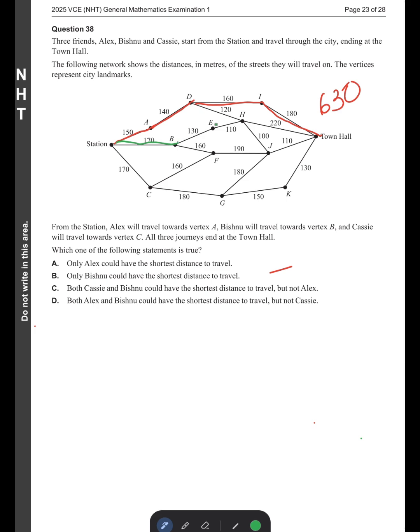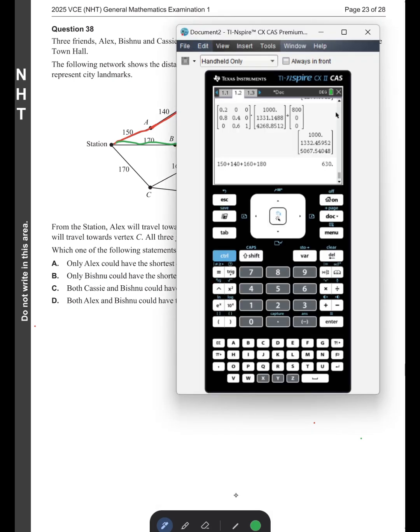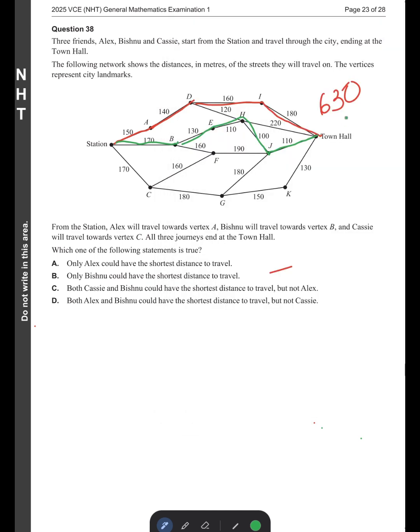So we've got 30 and 110 is 240, 340, and that's going to be 350. So this one actually is going to be shorter. And then that's only 210 as opposed to 220. So that way is going to be shorter. So his shortest distance is going to be 170 plus 130 plus 110 plus 100 plus 110. So his is 620.